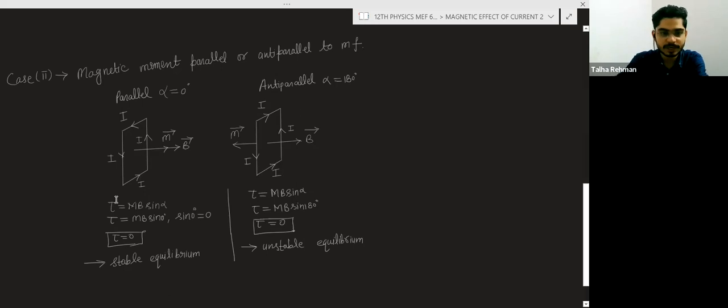This is the symbol tau, written like this. Sine 180 degrees is equal to 0.